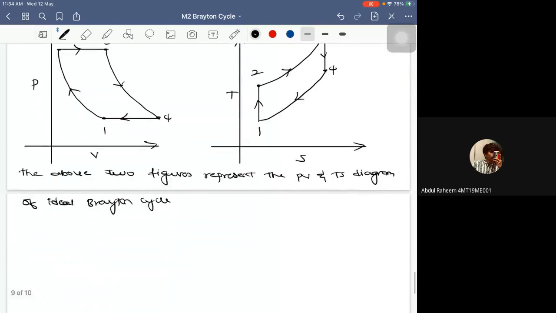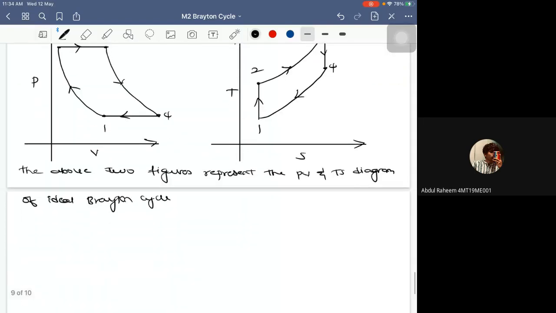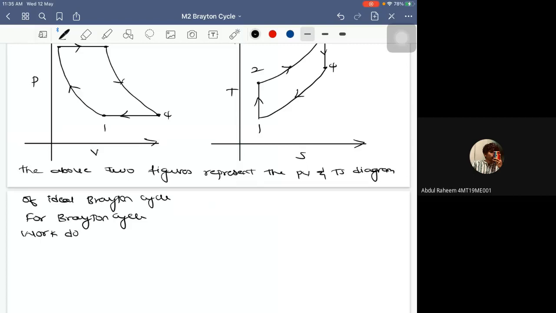Now for the Brayton cycle, work done in a cycle is given as, how many work done are there in the Brayton cycle?